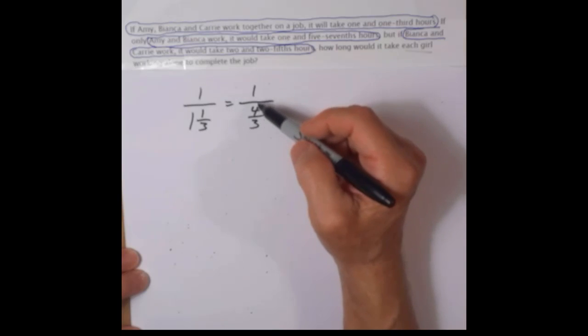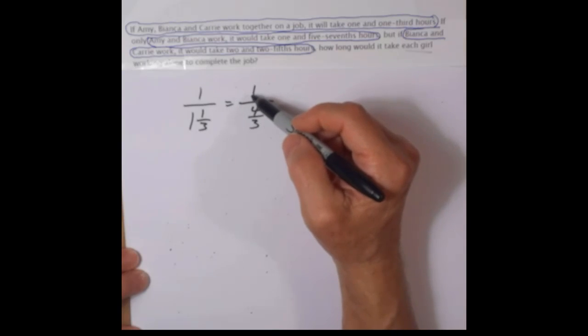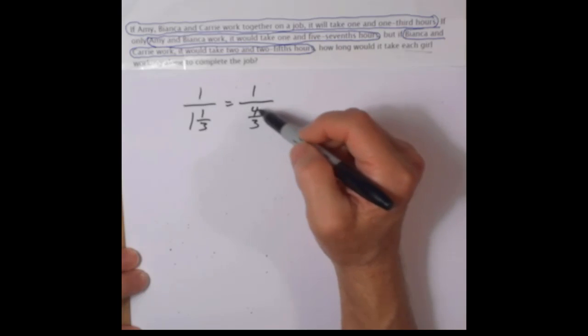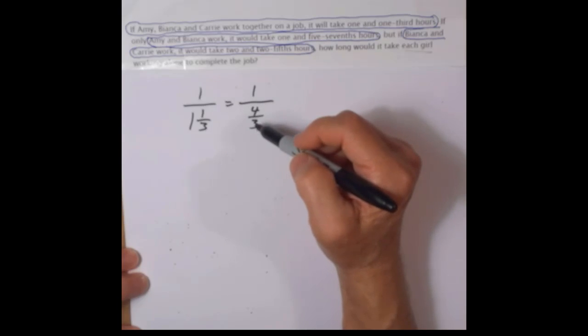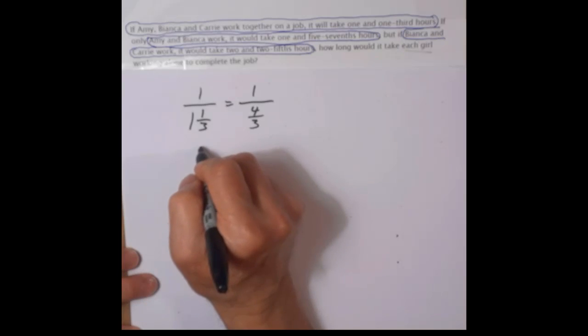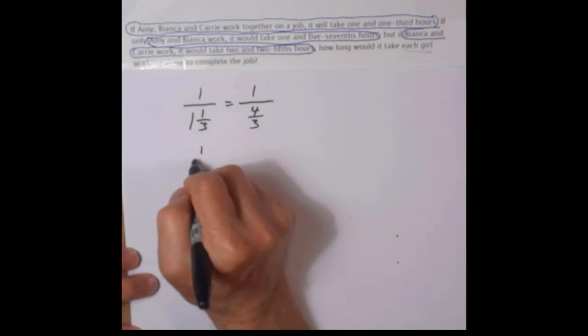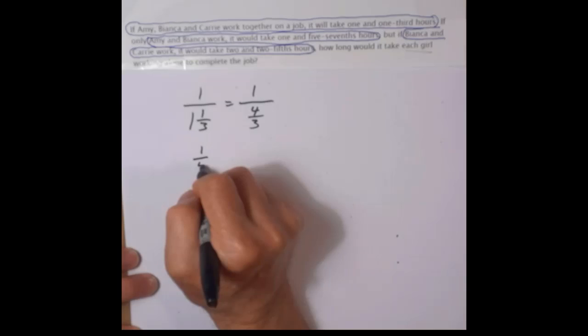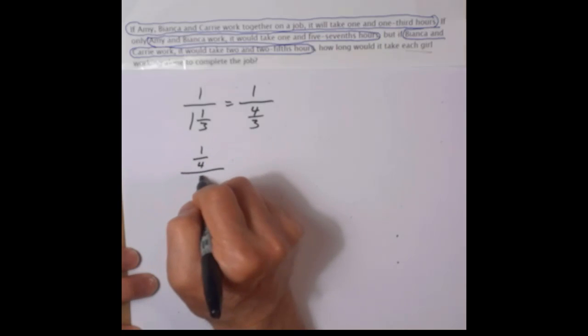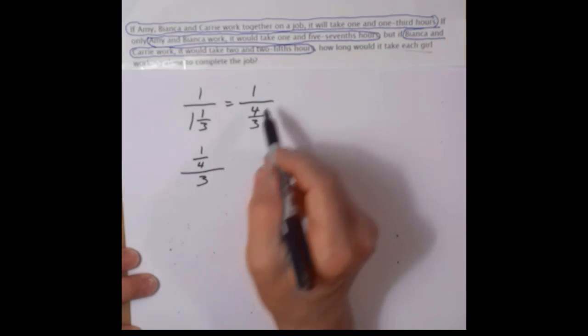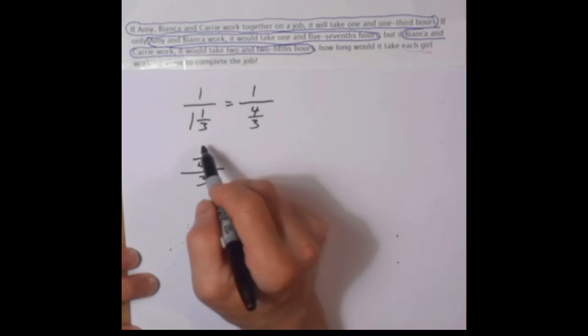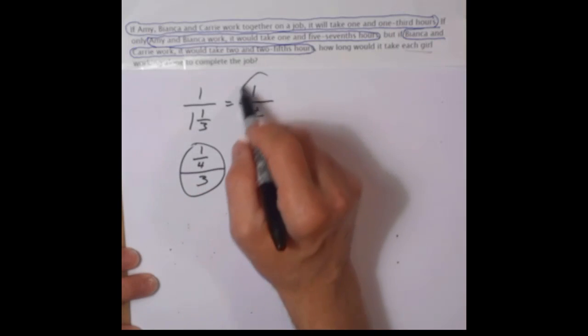So the way you have to look at this is it's 1 divided by this fraction. And if we did it like this, 1 over 4 divided by 3, this is a totally different number. These two numbers are not equal.